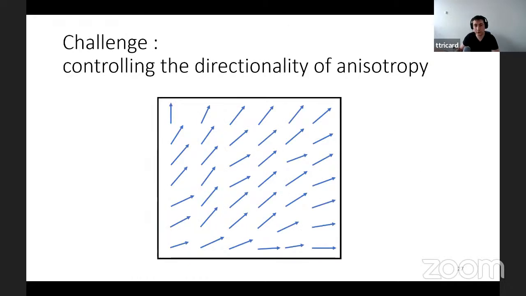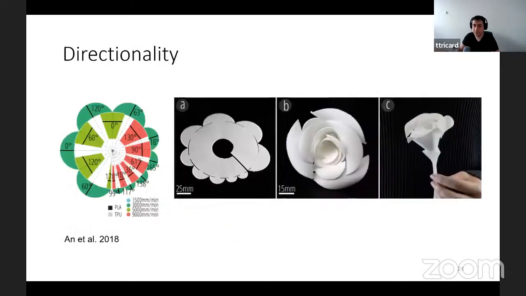And during my work, my main focus was trying to control this direction and the directionality of anisotropy. So this can be very important as demonstrated by Ahn and colleagues, where in their work, by carefully choosing the orientation of deposition, they were able to use the anisotropy of the material's response, such that it bends in a predefined way when presented with heat.